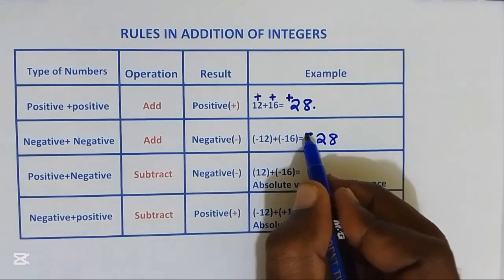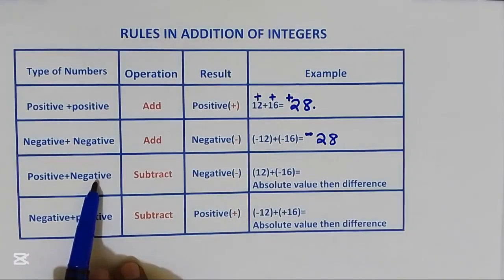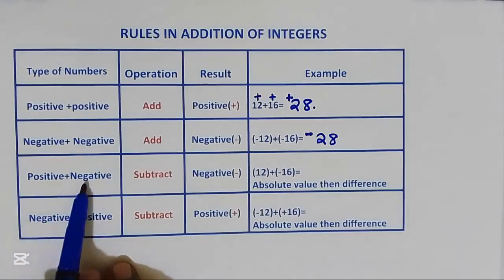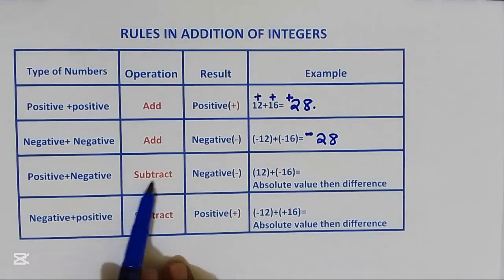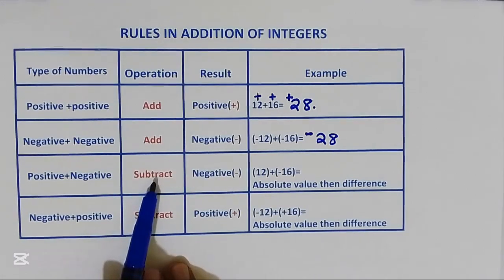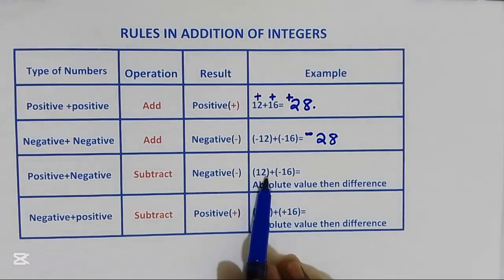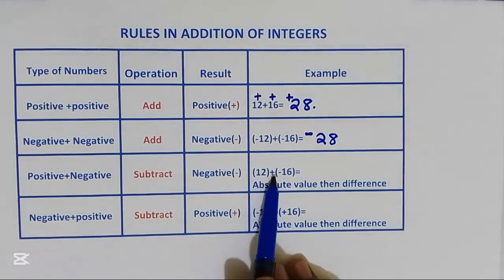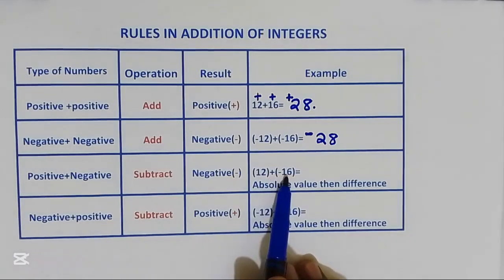If we have a positive number and a negative number, what we're going to do, we are going to find the difference, and then the answer can be positive or negative. Let's see this example here. Positive 12 plus negative 16.